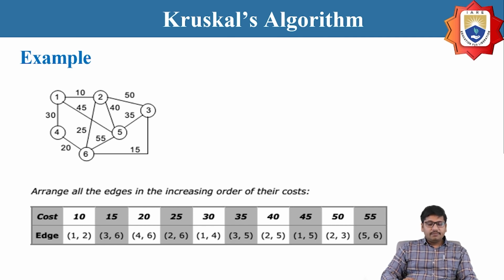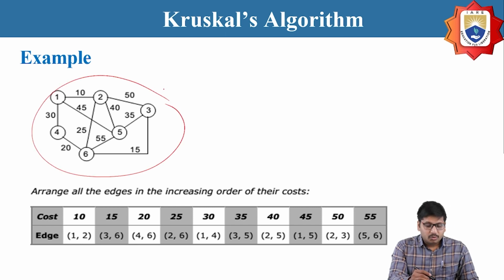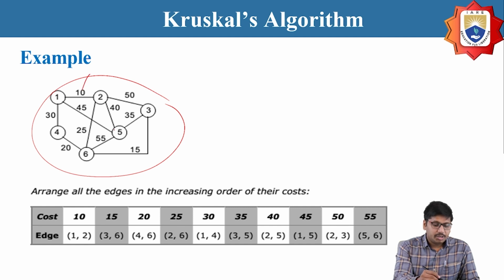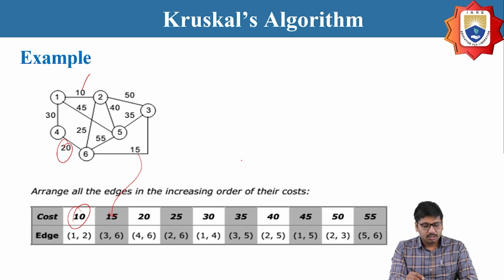In this graph, I arrange all the edges by their weights in ascending order. Among all the weights in the graph, the minimum edge is 10, so I take that here. The next minimum is 15, so I write 15 here, and the edge is 3, 6.